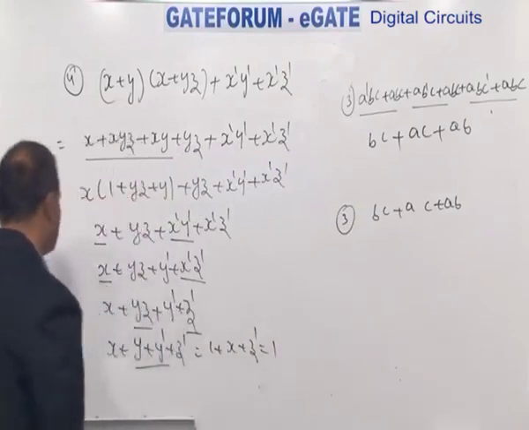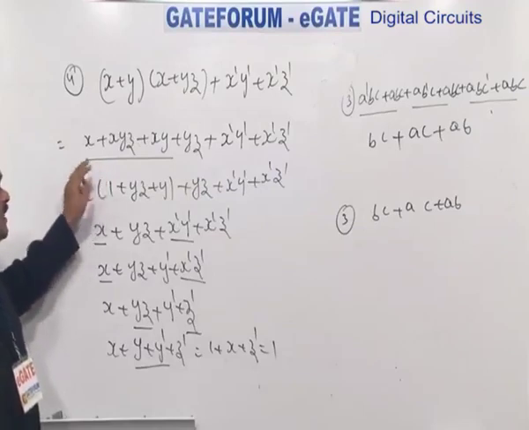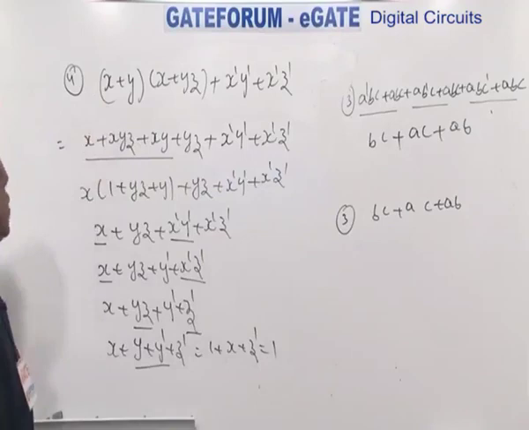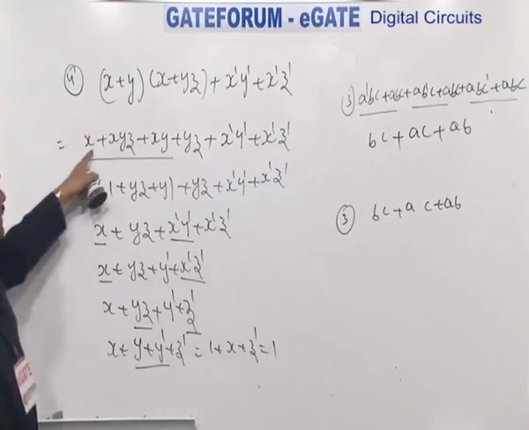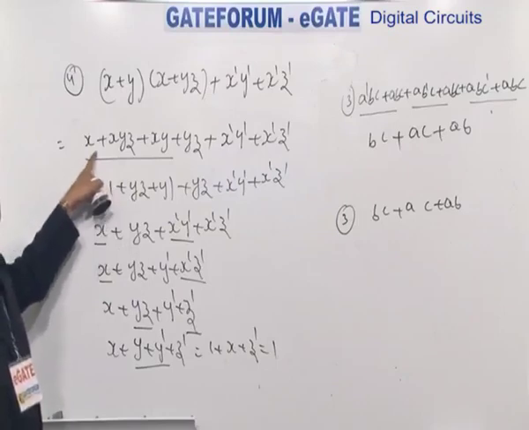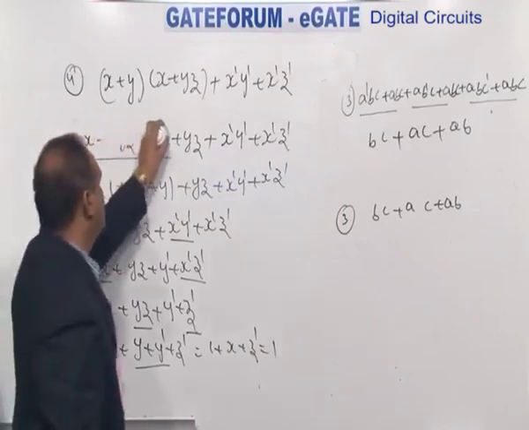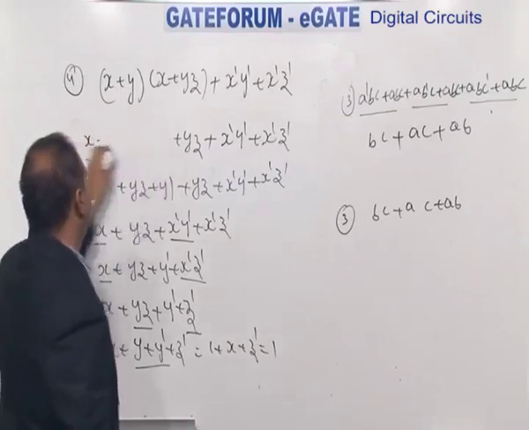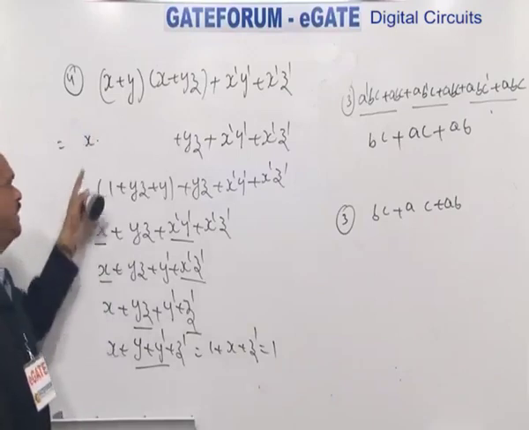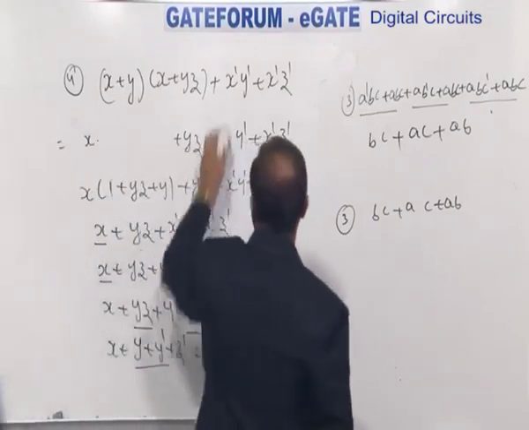So now let us see how to solve this problem by using the shortcut method. Within one step, let us see how to solve it. After multiplication, if you take x common, 1 plus yz plus y, then you will get only x. So if you take x common, the other two terms can be eliminated directly. Now I am using the shortcut method. Then in the first and third terms, you can eliminate x bar.